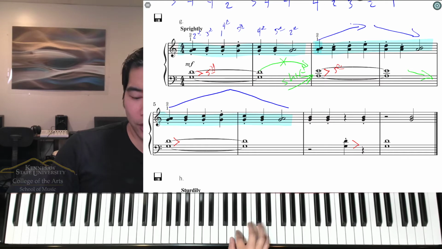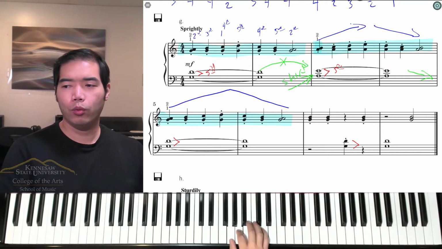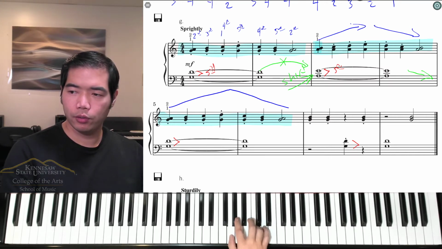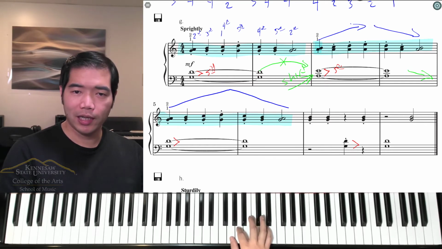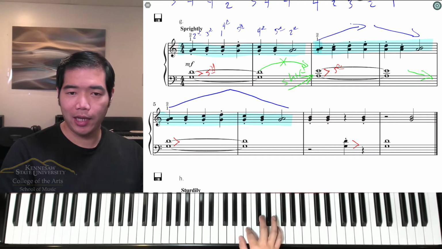So I'm in G position above middle C. 1, 2, ready, play. 1, 2, 3, 4. 1, 2, 3, 4. And now I'm going to shift up to A. That's the only thing that changes here. 1, 2, 3, 4.